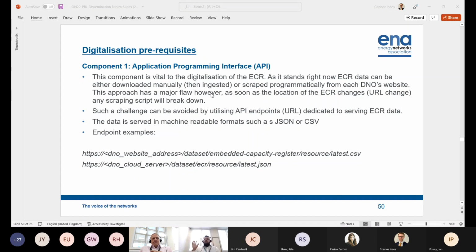And in order to avoid this sort of challenge, what would be very useful is to have dedicated API endpoints.